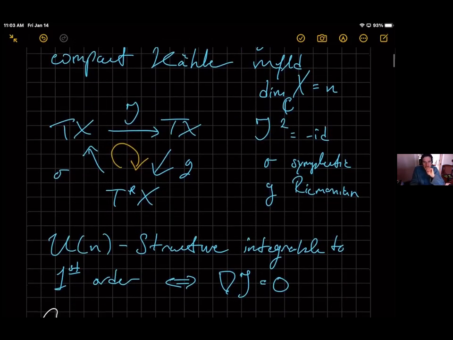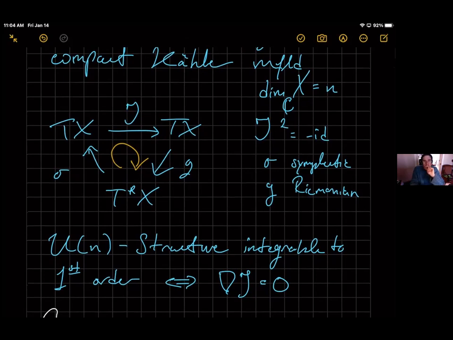And being Kähler also involves an integrability condition, which for my purposes is going to be that J actually arises from a holomorphic atlas on the manifold. So I have holomorphic coordinates everywhere, and the two-form sigma is actually a closed two-form, so it's a symplectic form.